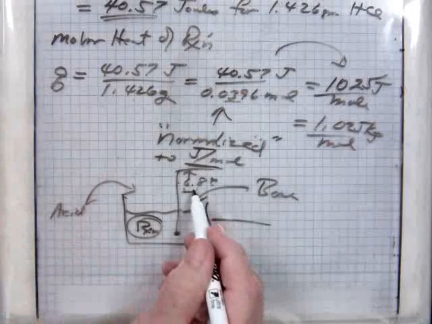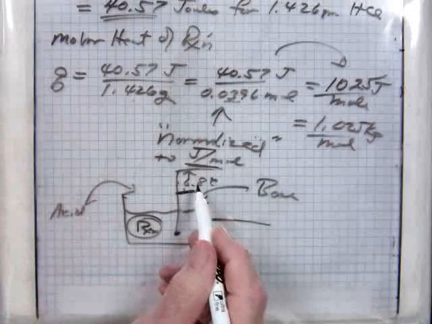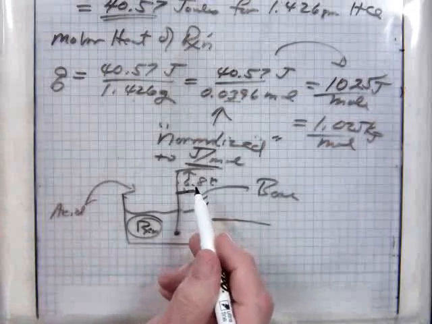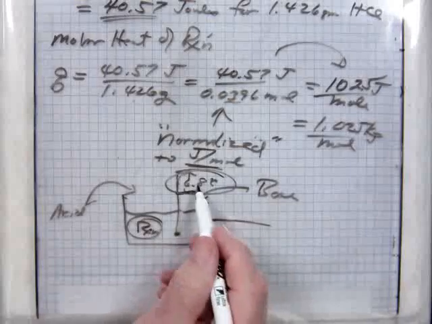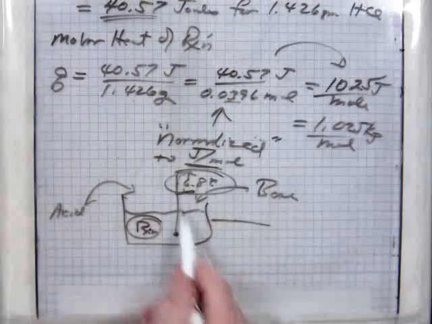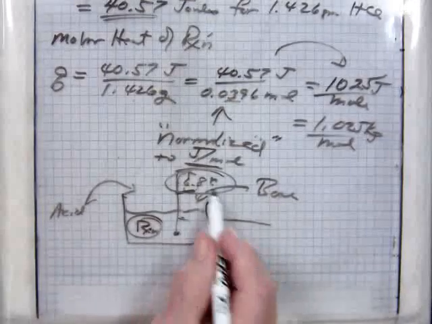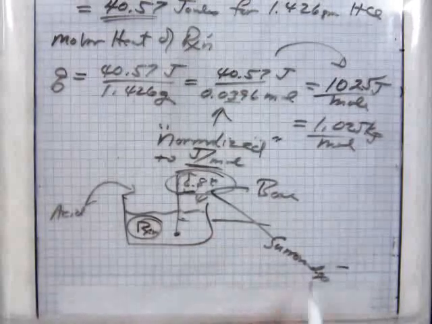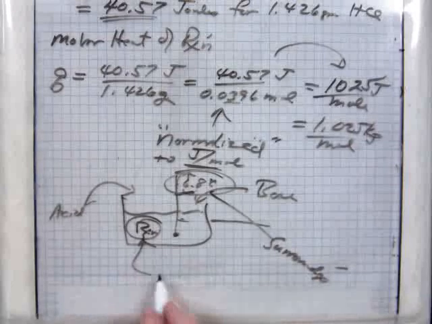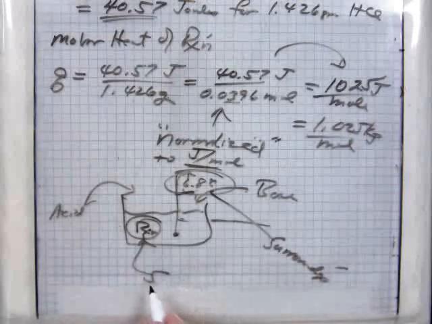So what are you looking at? You're looking at the surroundings gaining, or increasing, 6.8 degrees Celsius. That's what this means. So if the surroundings are gaining energy, what is the system doing? Is it losing or gaining?